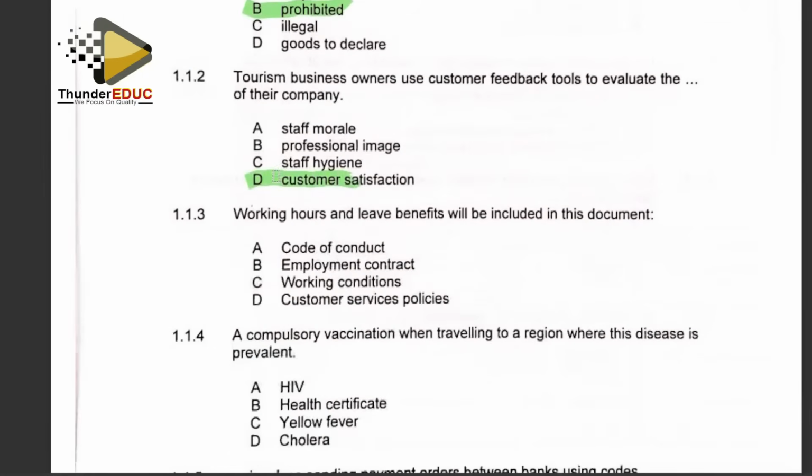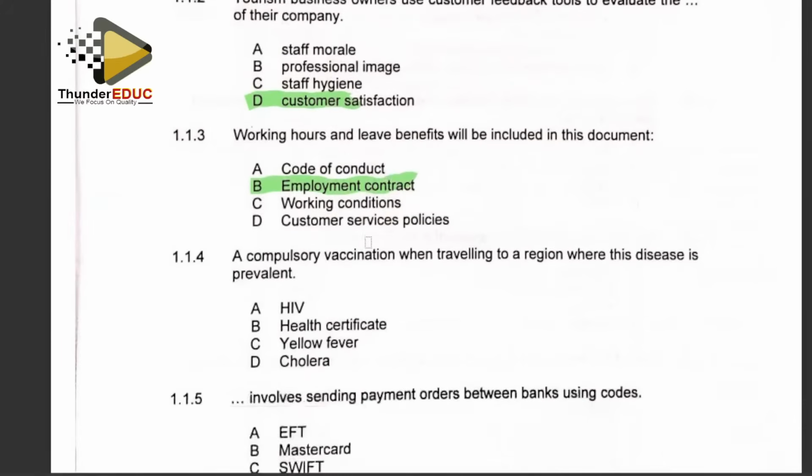1.1.3. Working hours and leave benefits will be included in this document. This information is contained in a document known as the employment contract, which is represented by the letter B. Then 1.1.4, a compulsory vaccination when traveling to a region where the disease is prevalent. A compulsory vaccination would be the yellow fever vaccination.